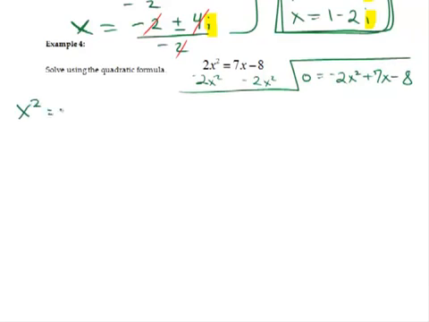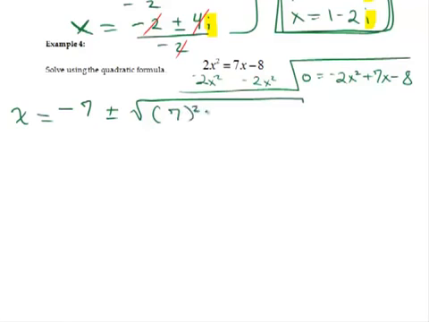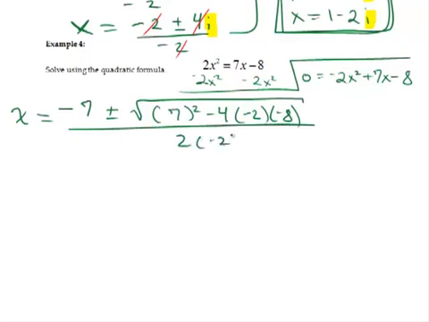So x squared equals, whoops, sorry, not x squared. x equals opposite b plus or minus square root b squared minus 4ac all over 2a.